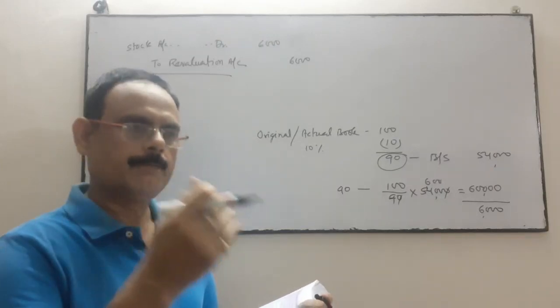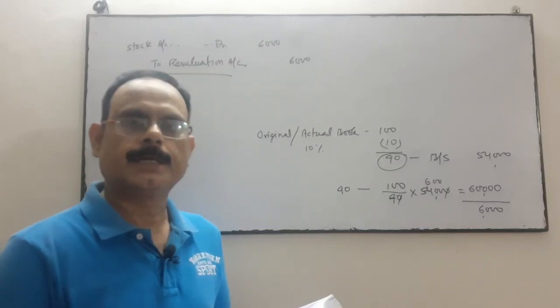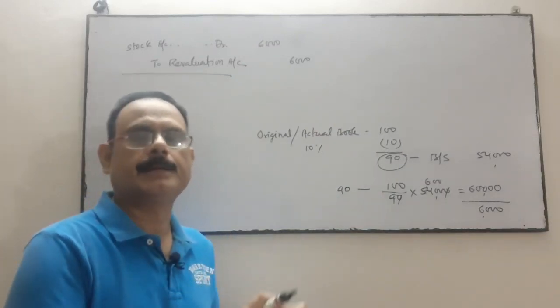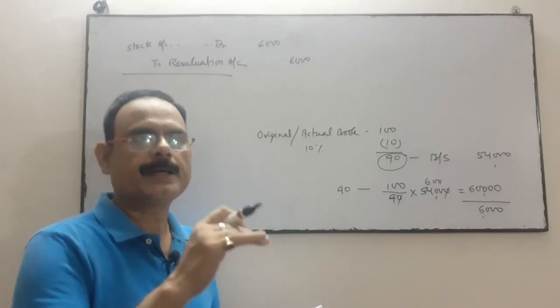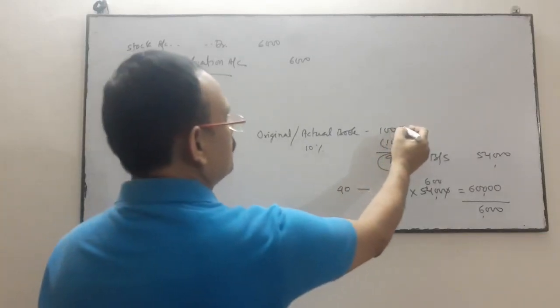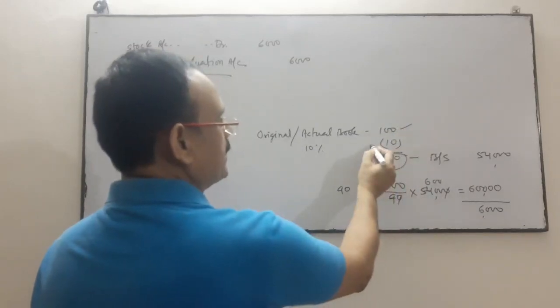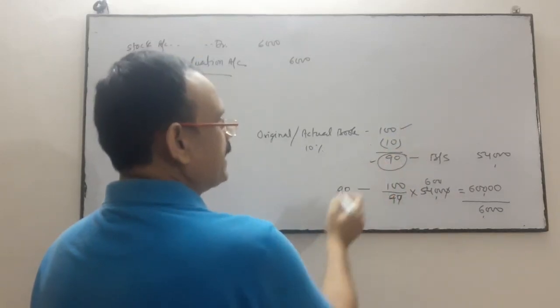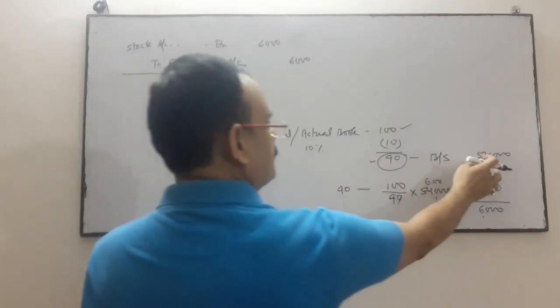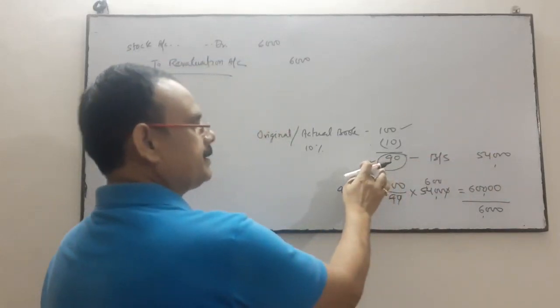The stock is found undervalued by 10%. When the valuer starts valuing the stock, they found that the stock was undervalued by 10%. So we have to find out the actual value thereafter. If the actual book value is 100 and it is found 10% less, then it is 90. It means the balance sheet is reflecting 90. 54 represents the 90.